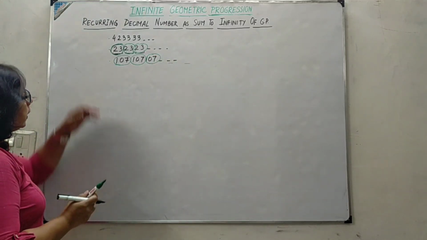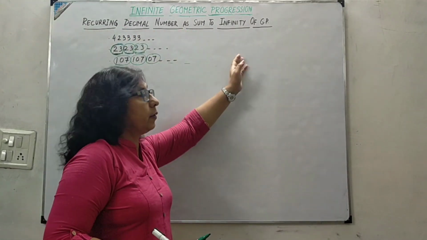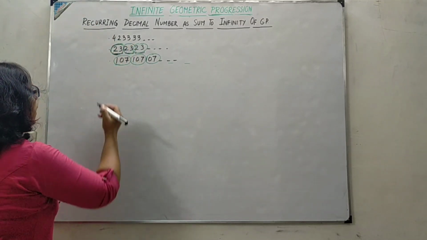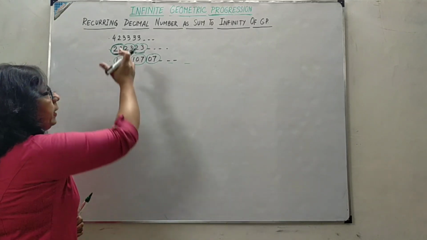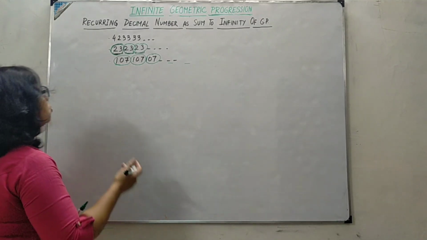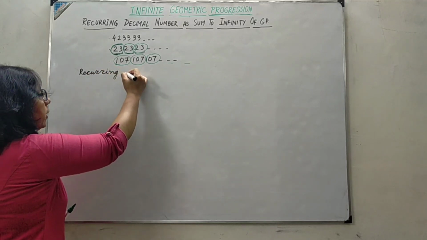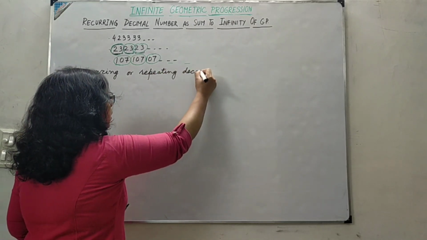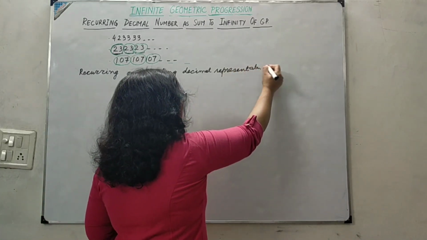So in the recurring decimal number, for the representation of decimal in real numbers, we call these numbers recurring decimal when some of the digits are repeating themselves after some period. So they are called periodic, and so we have recurring or repeating decimal numbers, decimal representation of real numbers.